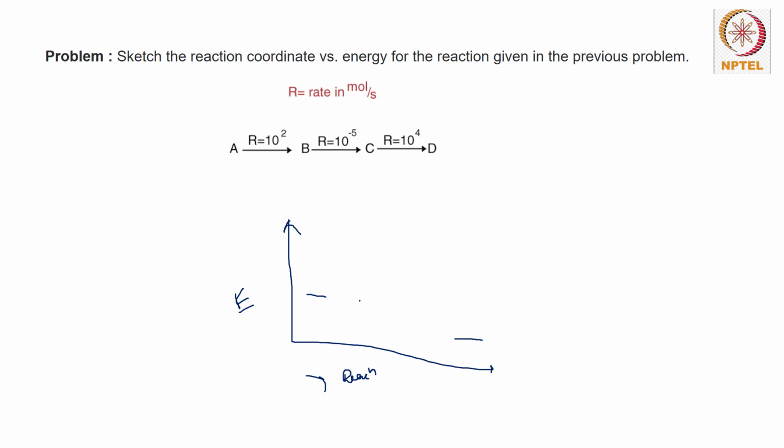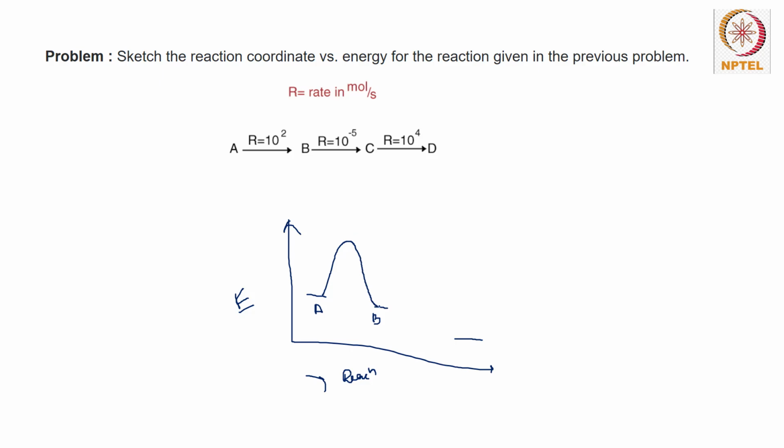to go A to B, now for B to C, the rate of the reaction is very slow.